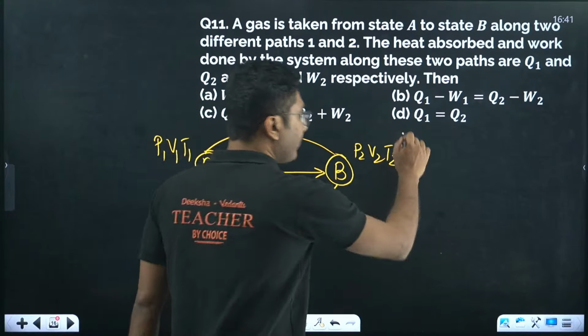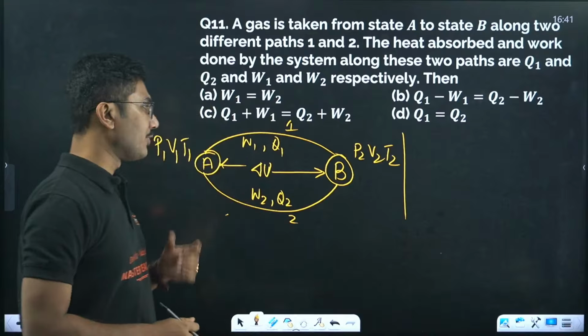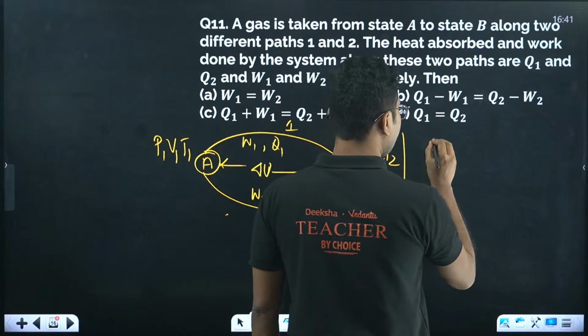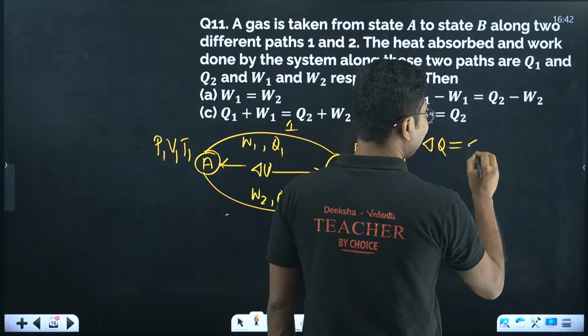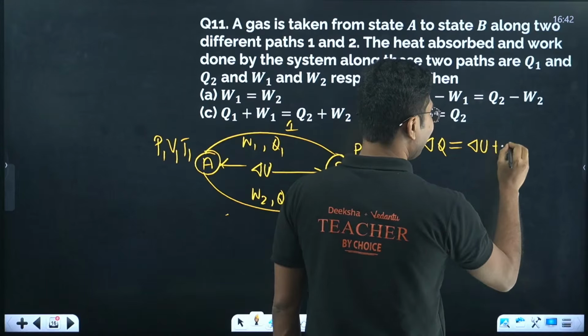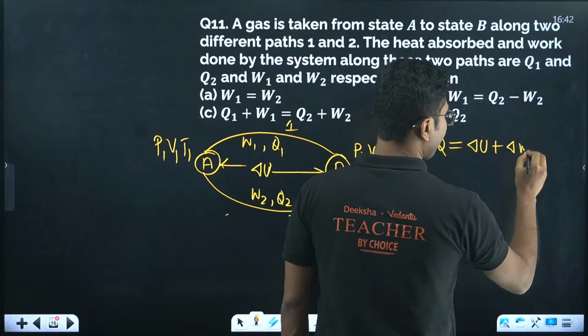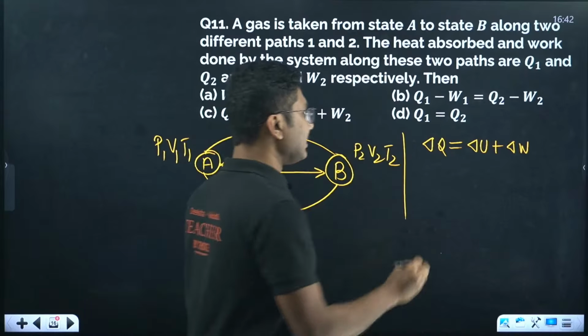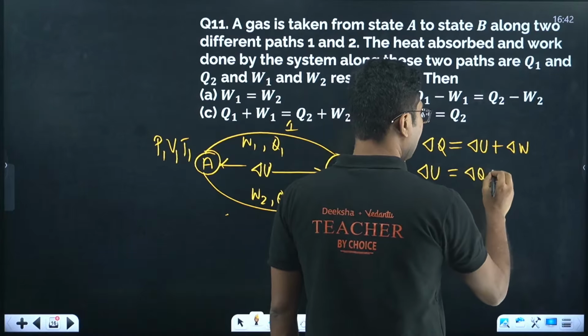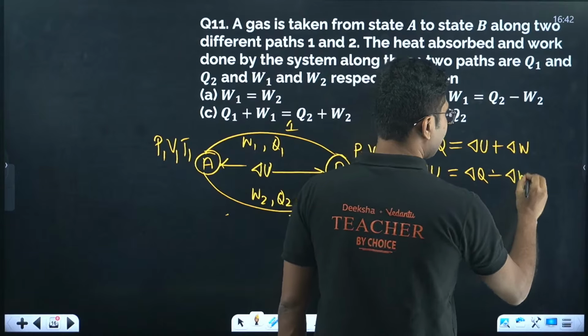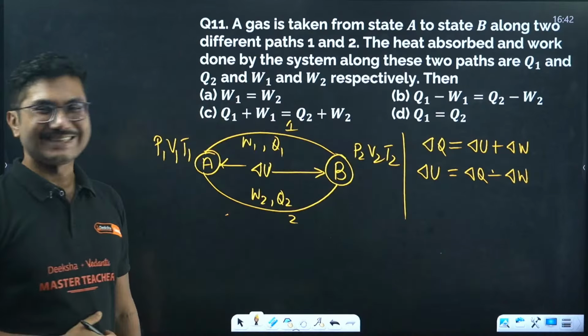So from the first law of thermodynamics, this is a first law based question. We know that the heat that you supply goes into two things: increasing its internal energy and doing some work. So the change in internal energy is the heat that you supplied minus the work done by the gas.